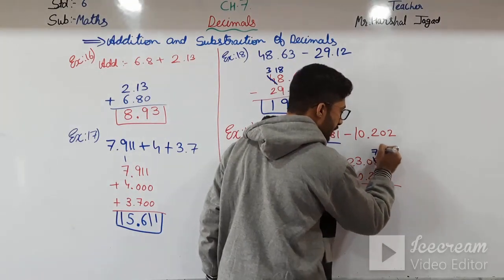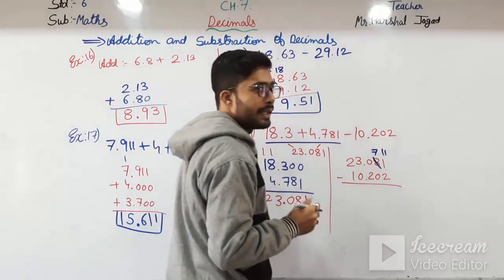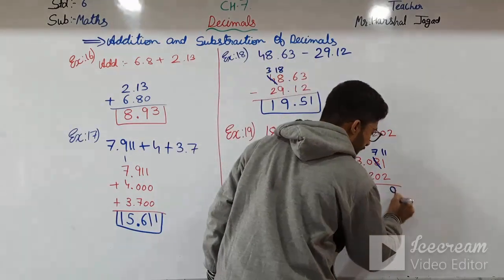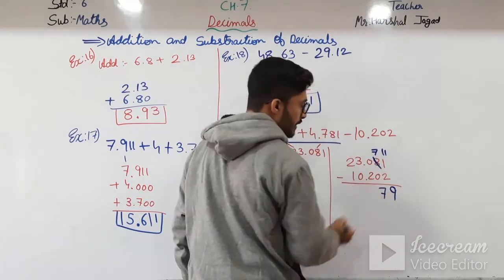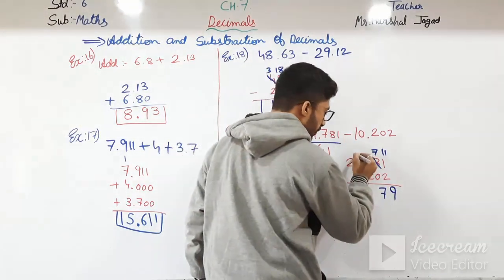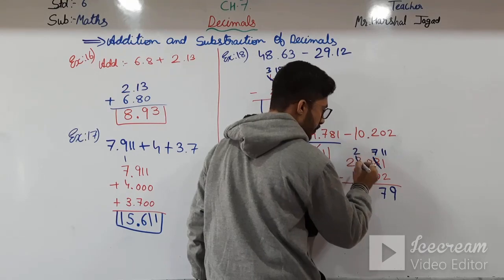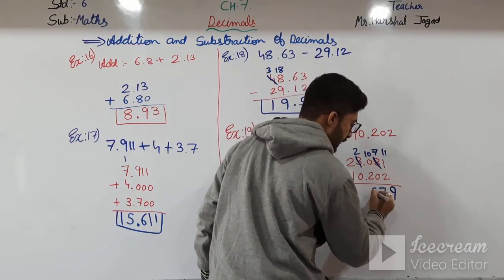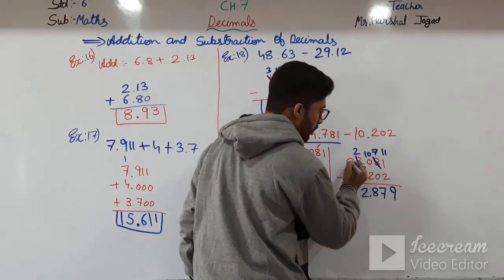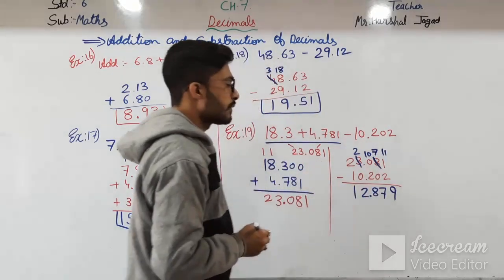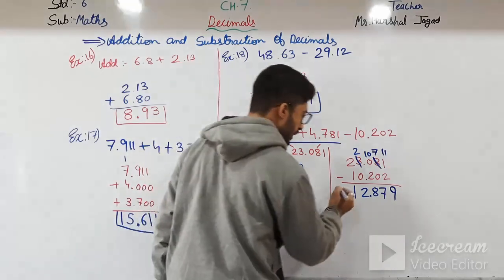Here will be 7, here will be 11. 11 minus 2, that is 9, and 7 minus 0, that is 7, and 0 minus 2 will not happen, so we will borrow. So 2, 10, here it is 8, and then after a decimal point, 2 minus 0, that is 2, 2 minus 1, that is 1. Okay, so this is our answer.